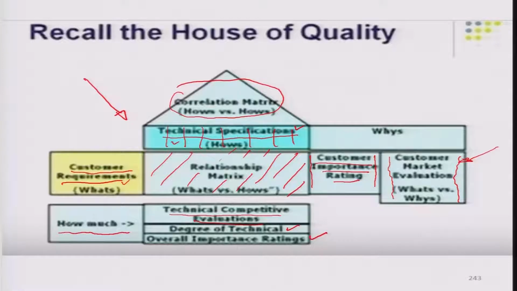Now let's look at a clear-cut example problem which will talk about establishing, let's say, a dry cleaner shop. Here in this particular problem, I would like to draw the house of quality matrix for such a requirement.